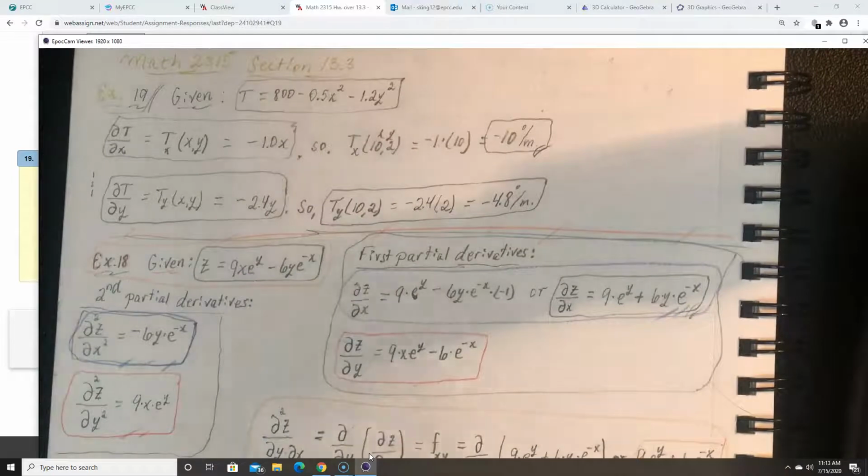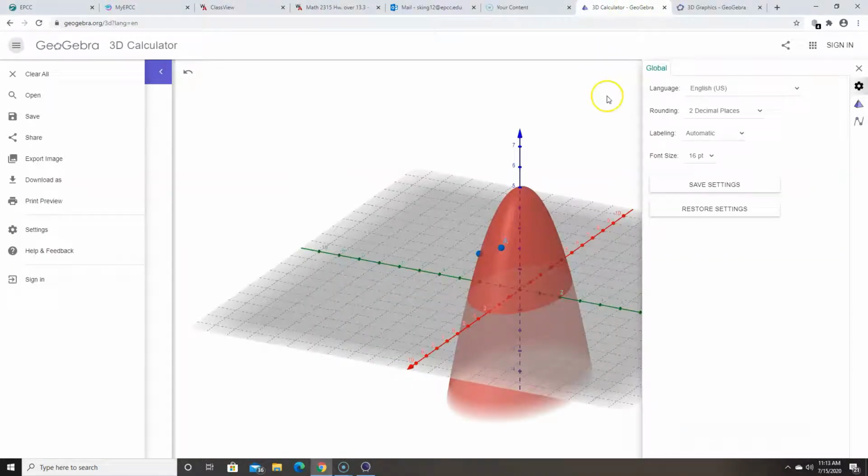So here is the equation. I put it in GeoGebra, and I put in an equation, but I didn't put in 800. I just put 8 because I was having trouble getting it to show nicely if you make this go all the way up to 800. So this is similar though.